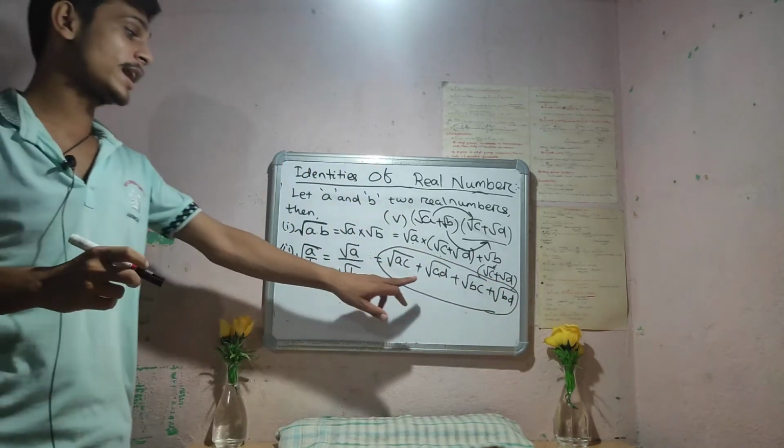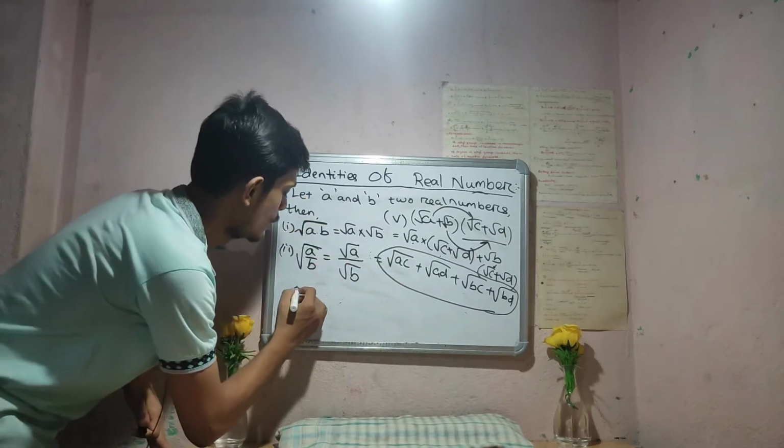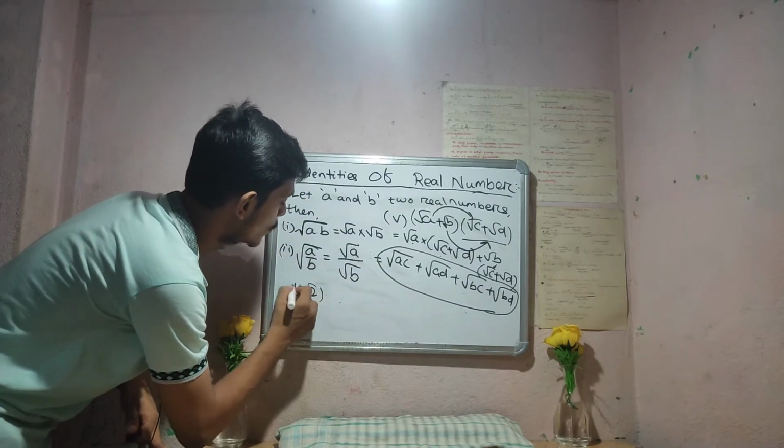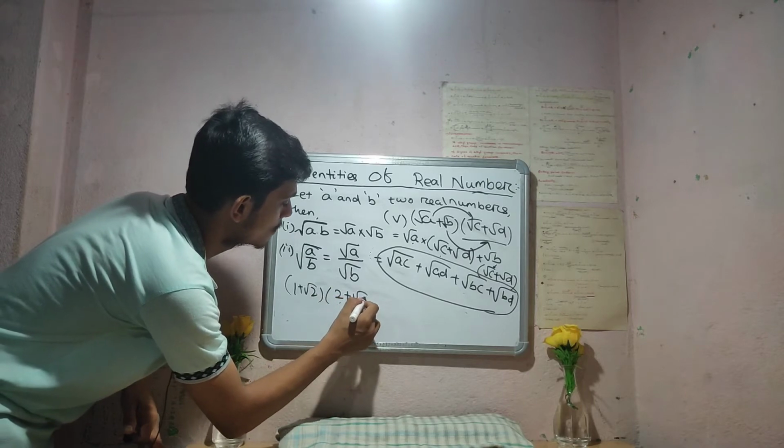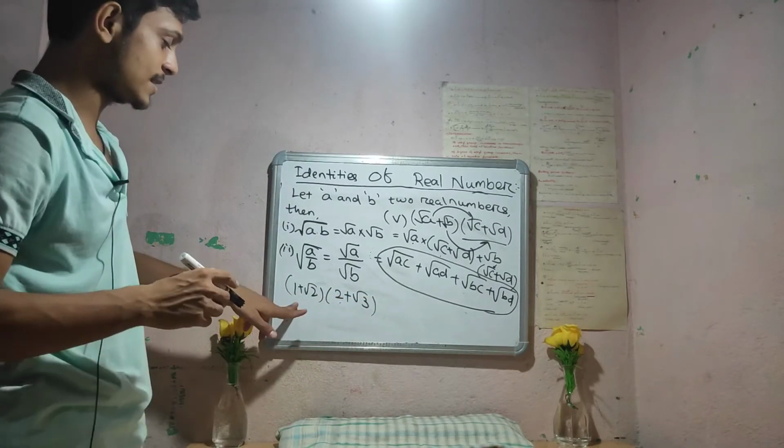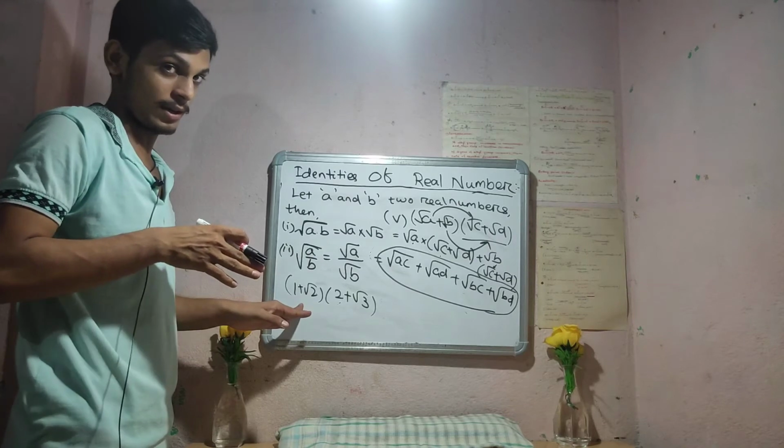It is a very important identity. Suppose you are given: find (1 + √2) multiplied with (2 + √3). Suppose this type of problem is given to you.